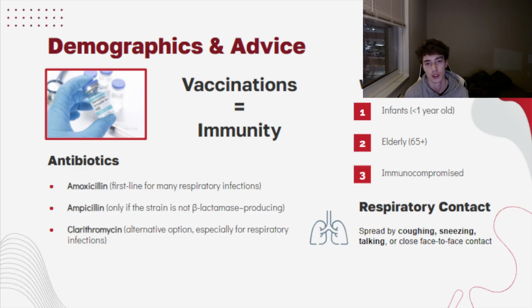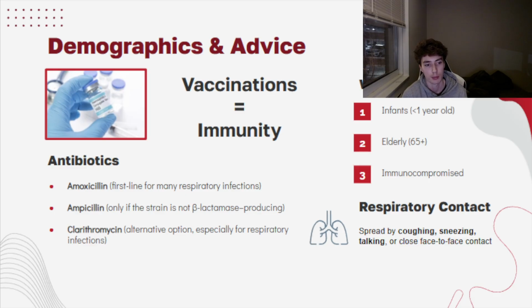So any children who are very vulnerable to pathogens will significantly benefit from these vaccines. Elderly will benefit from these vaccines. Immunocompromised will, of course, benefit from these vaccines. And these are also the same people who are most at risk, right? These are all vulnerable demographics for certain pathogens.